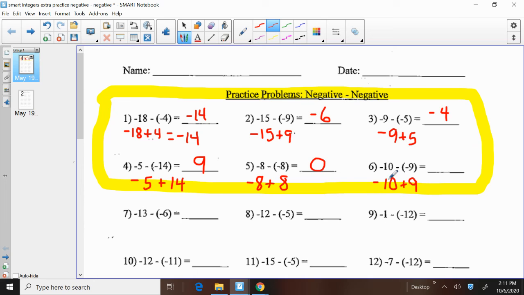And again, if I borrow $10 from somebody, that's negative 10 for me because I have to pay them back. If I pay them back $9, I only owe them $1. So that would be negative 1 for me. Or I can look at it this way. What's larger, my negative or my positive? My negative is larger. So negative 10. So what's 10 minus 9? 1. So my answer would be negative 1.